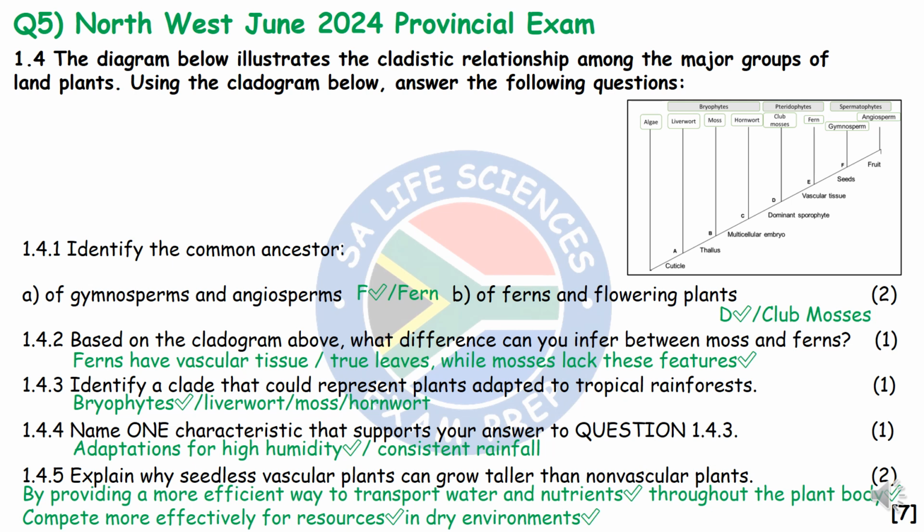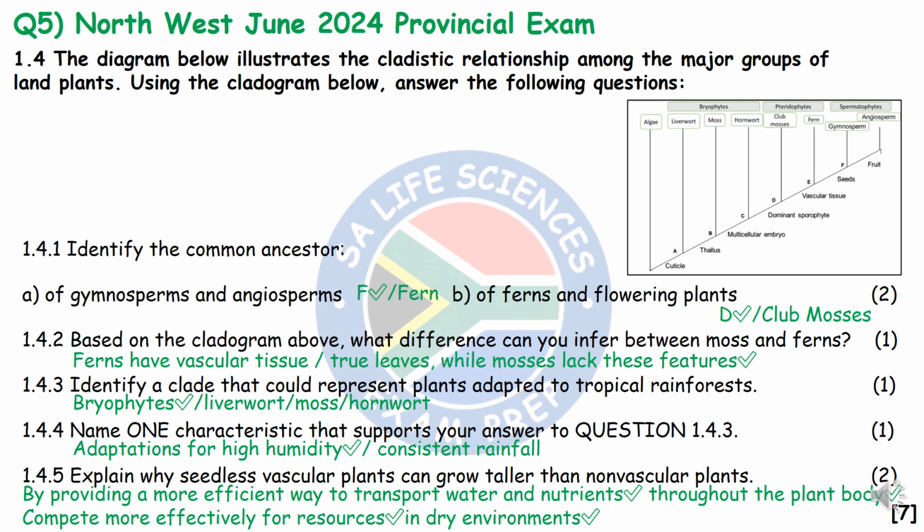So the answer is by providing a more efficient way to transport water and nutrients. So you can say the presence of xylem allows for the efficient transport of water. The presence of phloem allows for the efficient transport of nutrients throughout the plant body. And they can compete more effectively for resources in dry environments.